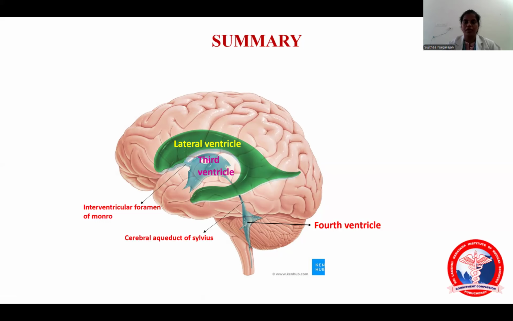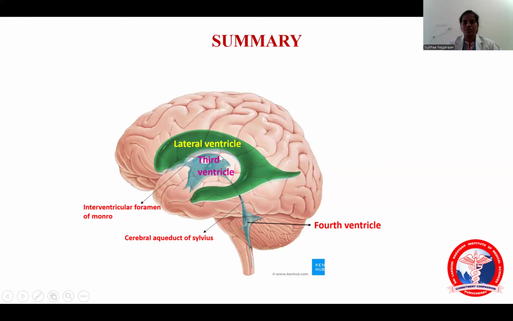So the parts of the lateral ventricle are the anterior horn, central part of the body, posterior horn, and inferior horn. We have two lateral ventricles, and each is connected to the third ventricle through the intraventricular foramen of Monro. And this third ventricle is connected through the cerebral aqueduct of Sylvius to the fourth ventricle.